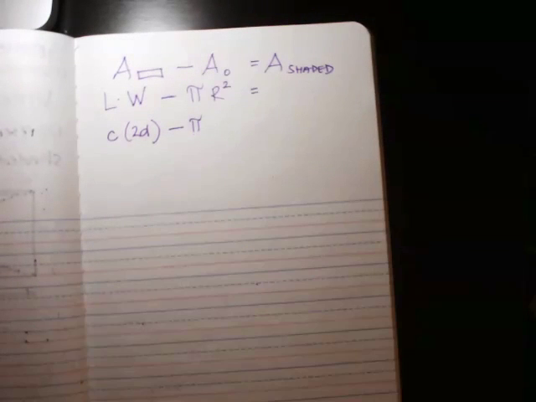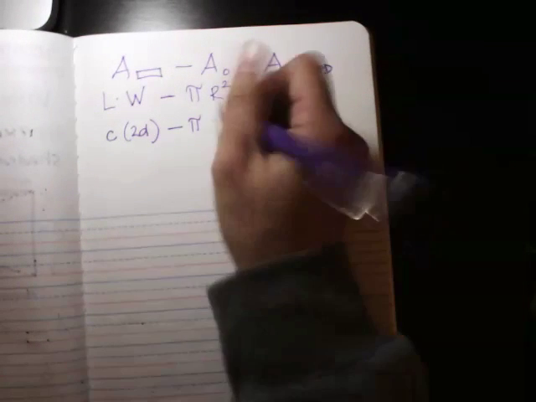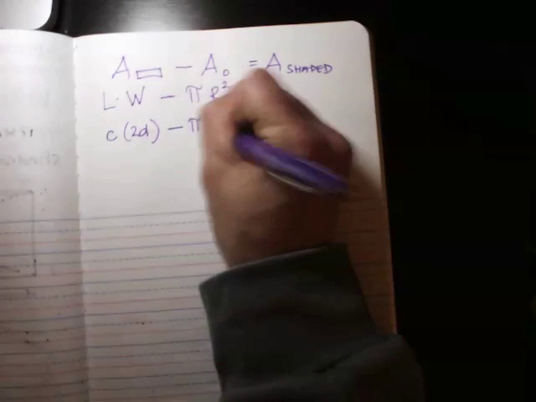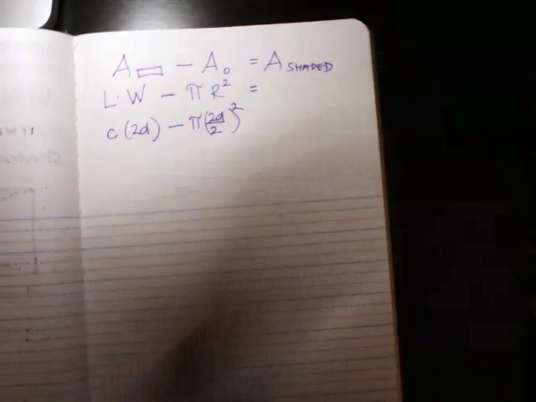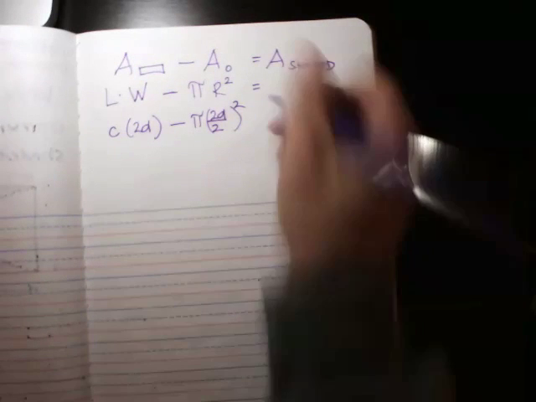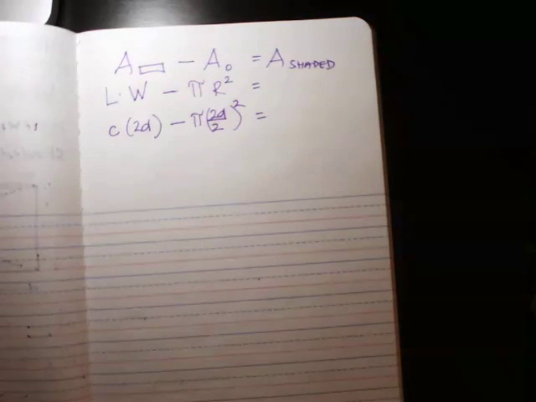I'm going to keep pi. r, radius. We know the diameter of the circle is 2d. Radius would be half that value. So the radius is 2d divided by 2. And this value needs to be squared in order for us to get the area of our shaded region.